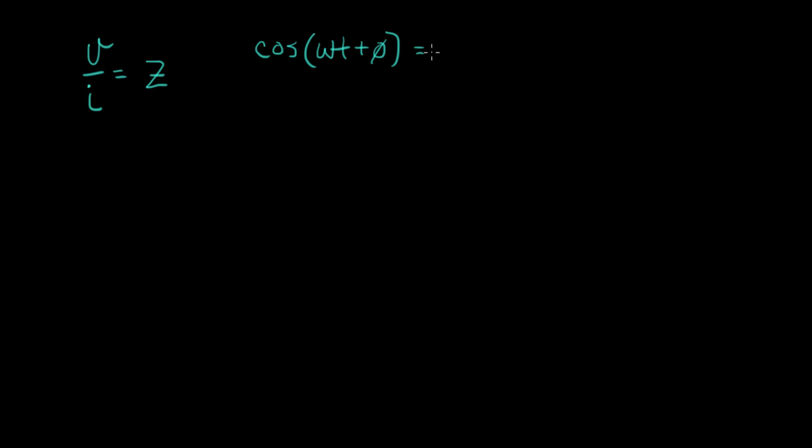And we're also going to use Euler's equation, which says that we can decompose our cosine into two complex exponentials. One of the complex exponentials is e to the plus j omega t plus phi, and the j multiplies both of them, plus e to the minus j omega t plus phi.